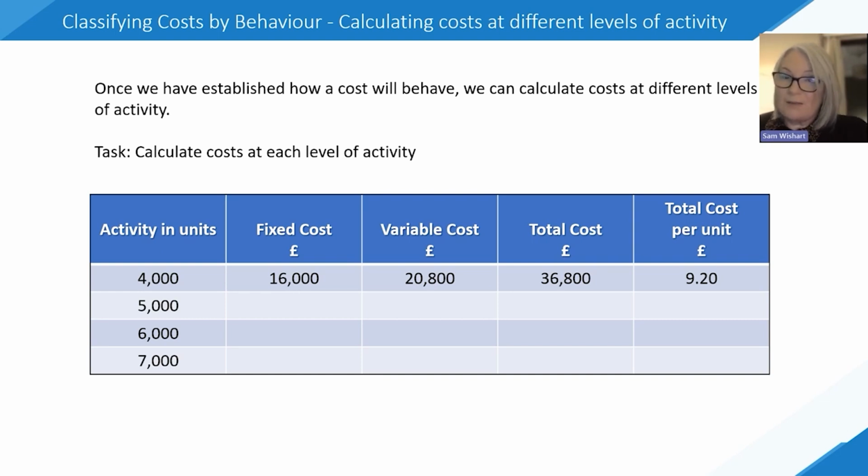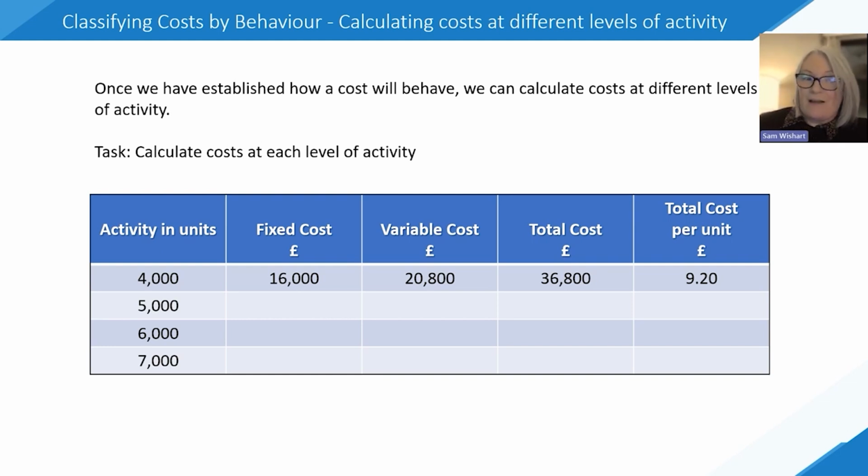So remember, fixed costs remain the same, regardless of activity. Variable costs change in direct proportion to activity. So what do we think the fixed cost might be at 5,000 units? Bit of a trick question there, isn't it? It's going to be the same, isn't it? It's a fixed cost. It will not change with activity. Okay.